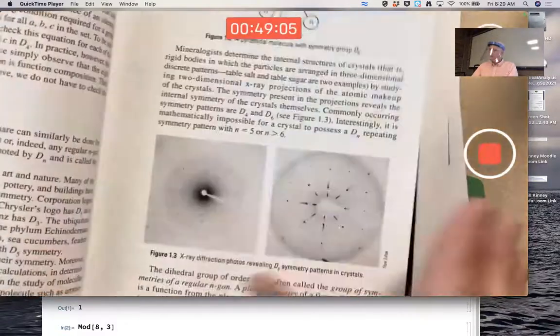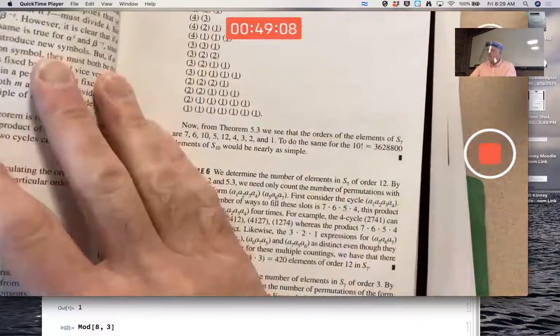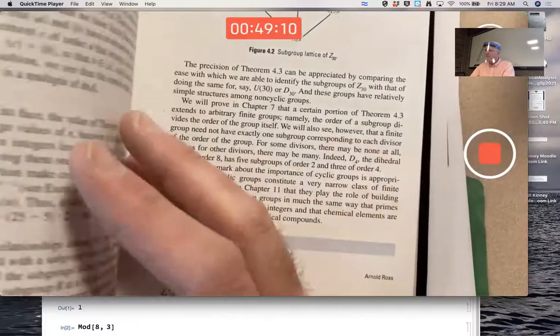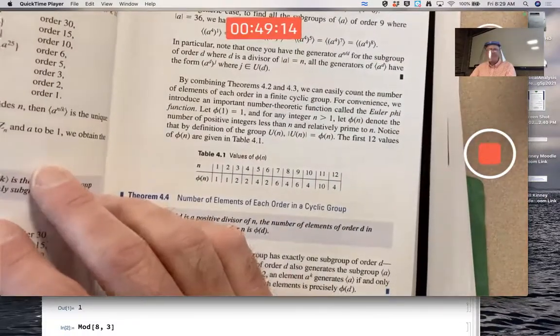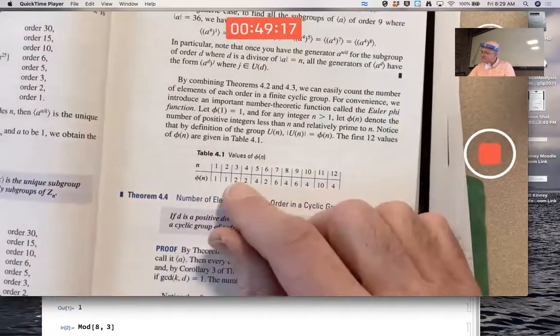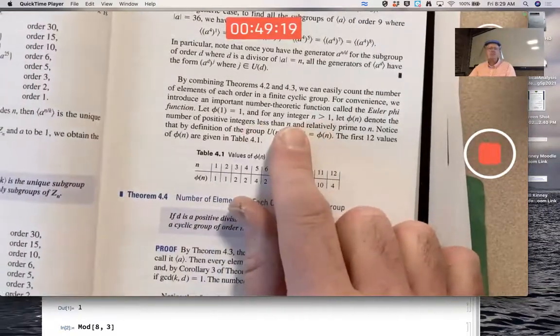Let's look at the theorems about the Euler phi function as well here. I haven't mentioned the Euler phi function, I think, in class.